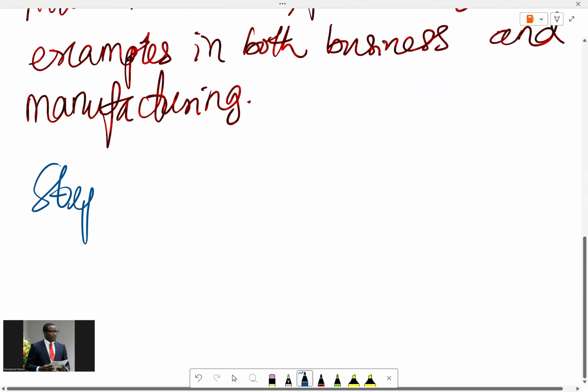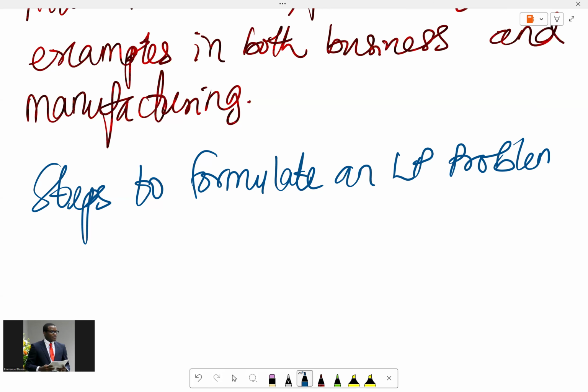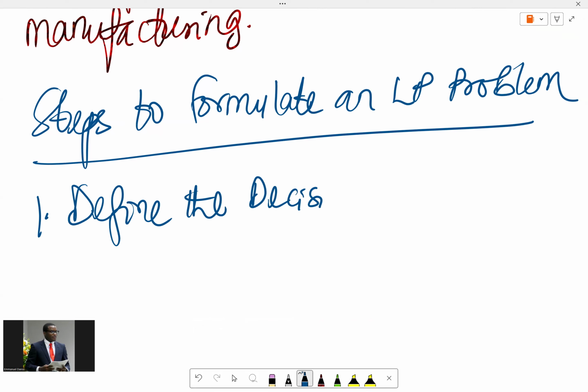Steps to formulate an LP problem. The first step is to define the decision variables. We already talked about this terminology in the previous video, so you can refer to that.